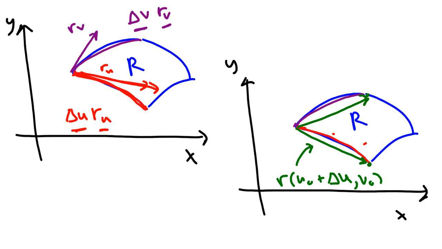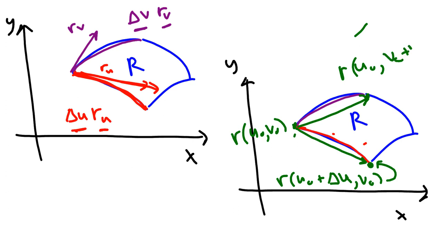This little arrow is not quite right. This point in the corner gives us that point right there. This point over here is the point r of u0 comma v0. And in the same spirit, this is the point r of u0 comma v0 plus delta v.